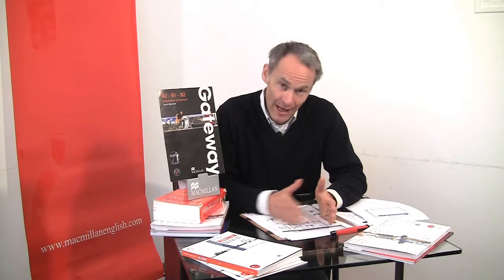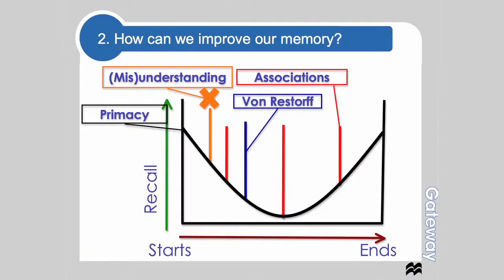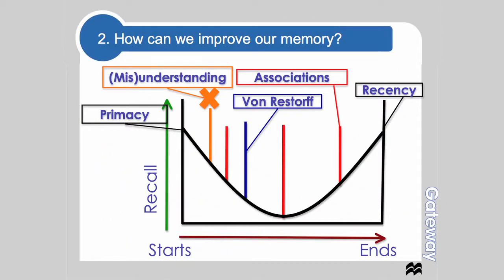Then we have, throughout the study period, a series of associations. You're making associations with things from other languages, things from other subjects, from whatever, from your life experiences. And those associations are key to memory. Then finally, at the end, we have the recency effect. The recency effect is when essentially the last things that you study are stuck in your mind because they were the most recent in time.